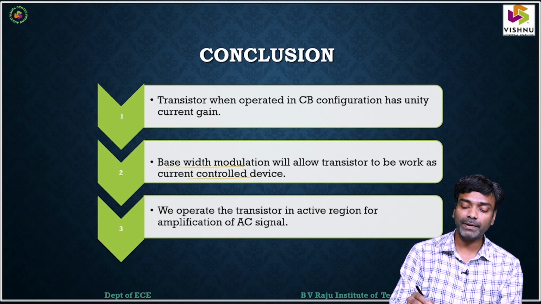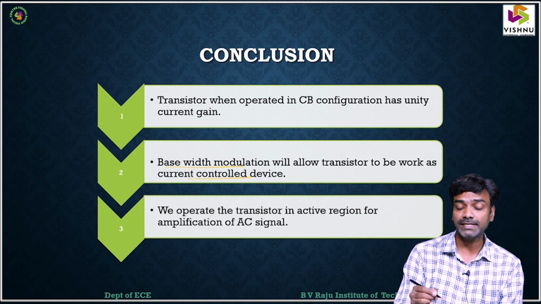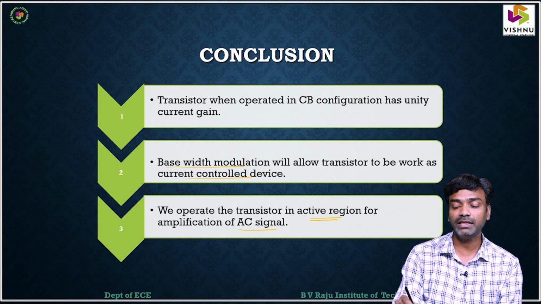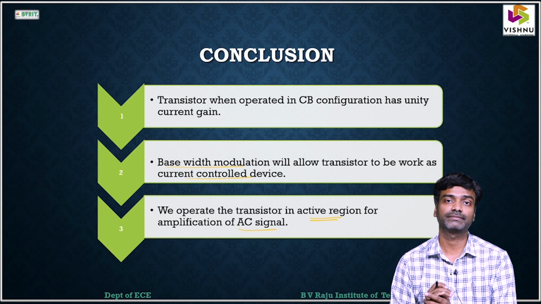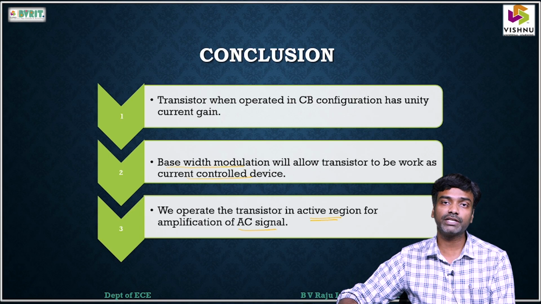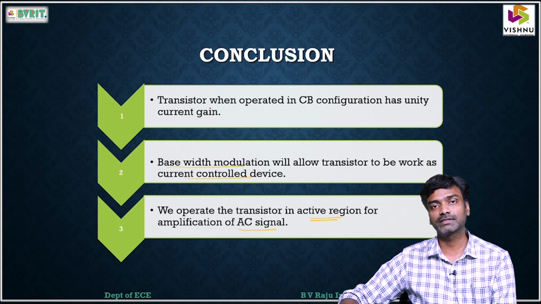Finally, we apply an AC signal to get amplification in the active region of the output characteristics of the device. This is all about common base configuration input and output characteristics.